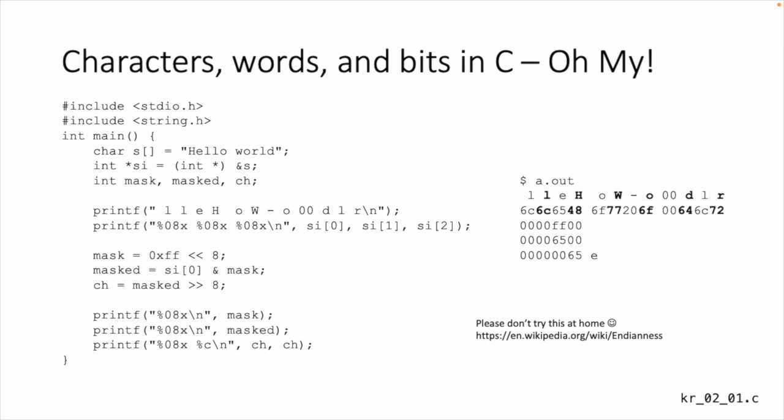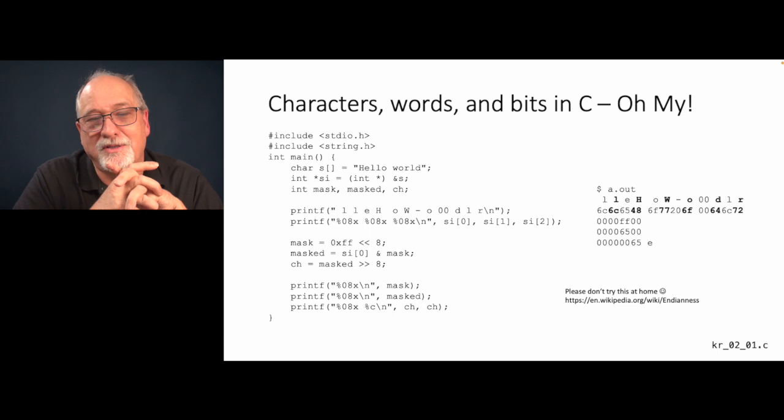That line takes the address of the beginning of the first character, converts it from a pointer to a character, which is what char s is, and makes it a pointer to an integer. Again, I'm jumping ahead to chapter 5, so I'm not expecting you to understand all this. I'm just making you aware of it.